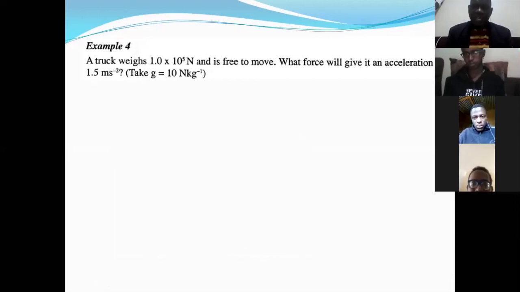Write the formula, substitute in. So this truck weighs 1.0 times 10 power 5 newtons.